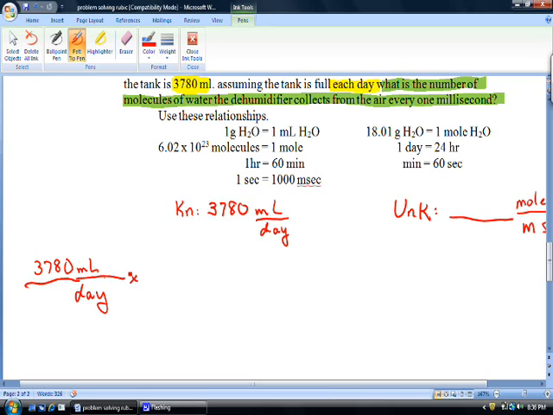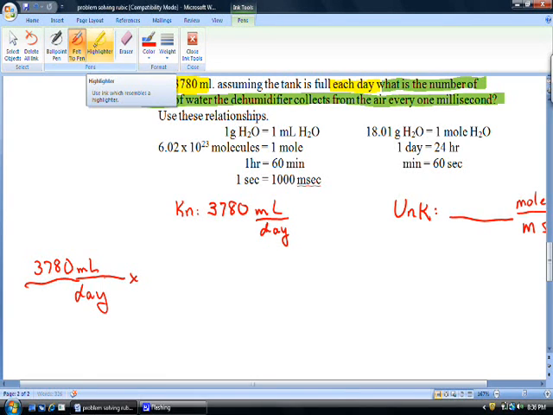And what are some of the other relationships I can do? Well, first of all, I'm going to change this unit up here that's milliliters. I want eventually to get something called moles on the top. So I'm going to have to use some of these relationships.